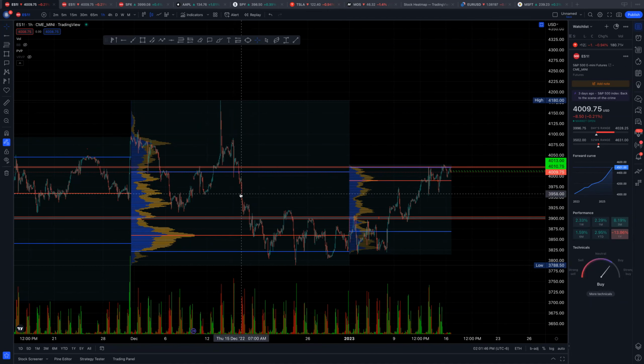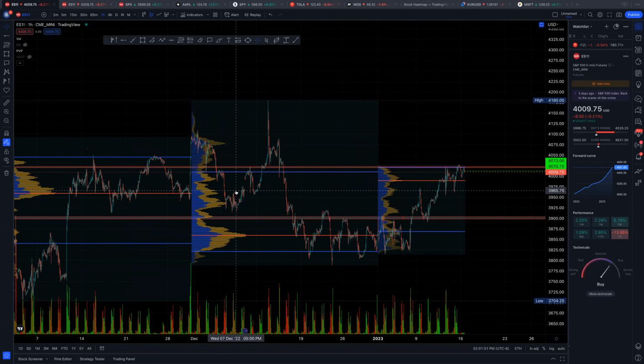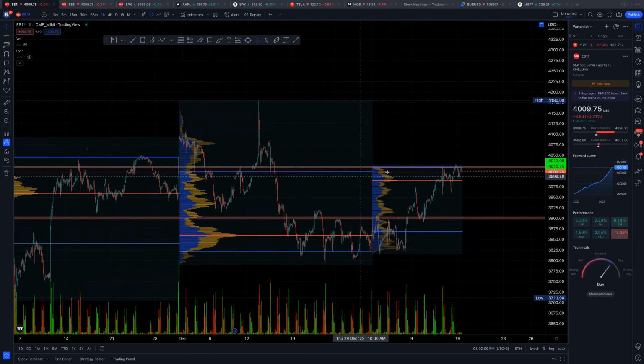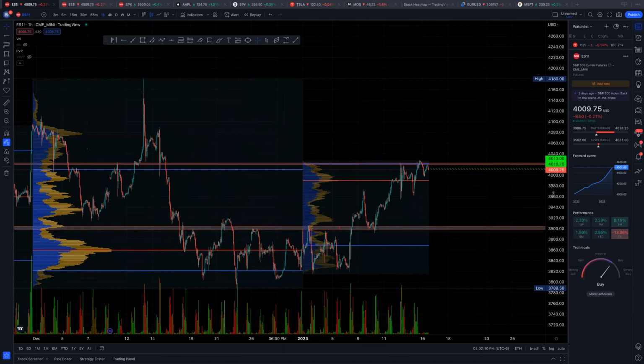But it's really good to check previous zones and previous volume profiles to see what's going on. You can see how this acted as pretty strong resistance in the past. Yes, we did break it in the past. Currently, it's not giving me any signs of a possible break to the upside, but only time will tell.